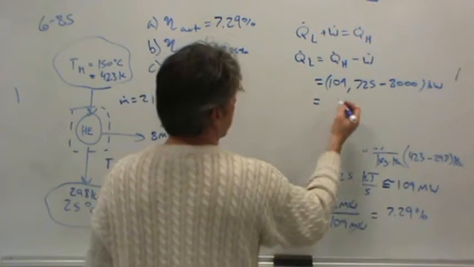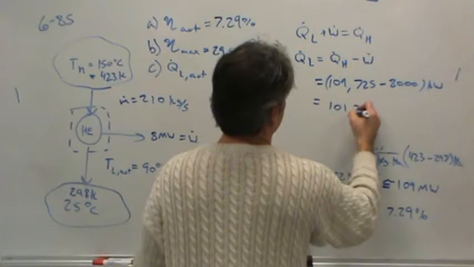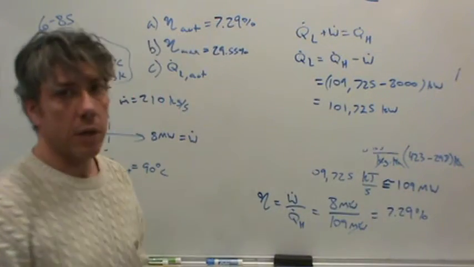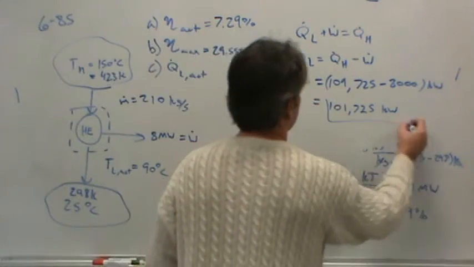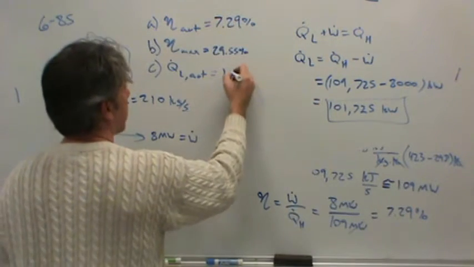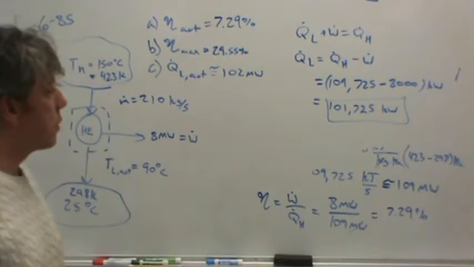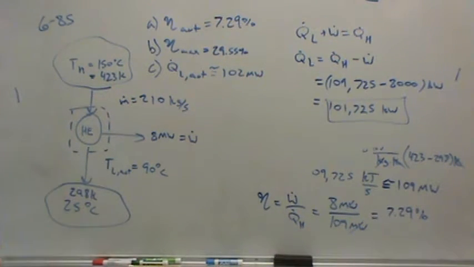And the difference between those two, you can calculate in your head, 101,725 kilowatts, or about 102 megawatts or so. So there's the actual heat rejection rate. I'll just write it down as 102 megawatts. Okay, that's approximate, but that's close enough. So there's the solution to this problem.